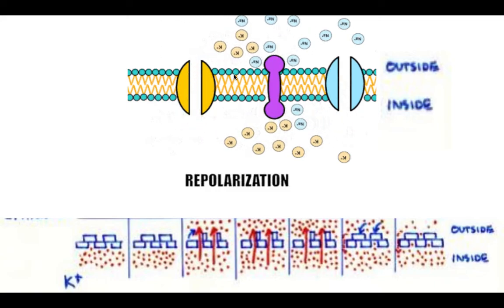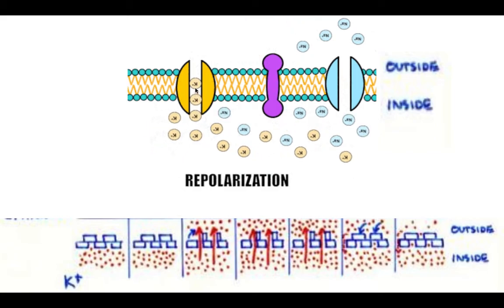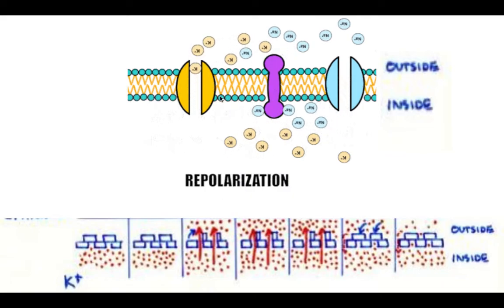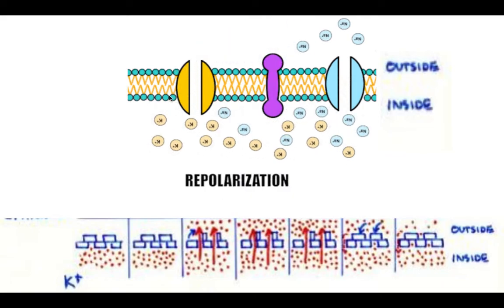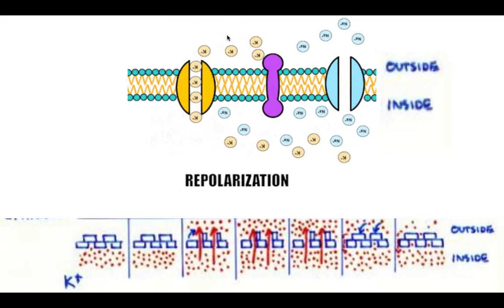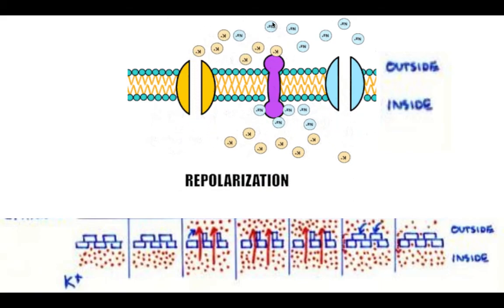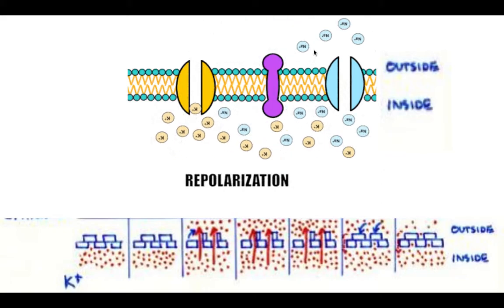And the fastest way to do that is to just release the potassium ions. Because remember, the potassium ions were at a high concentration inside the axon. So when this orange potassium channel opens, the potassium ions rush out, and now the outside of the axon is positive again, and the inside gets to be negative again.